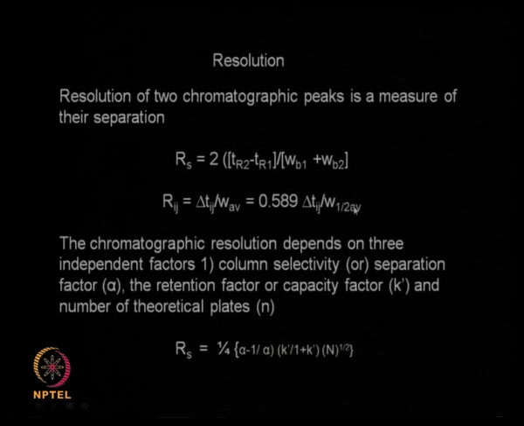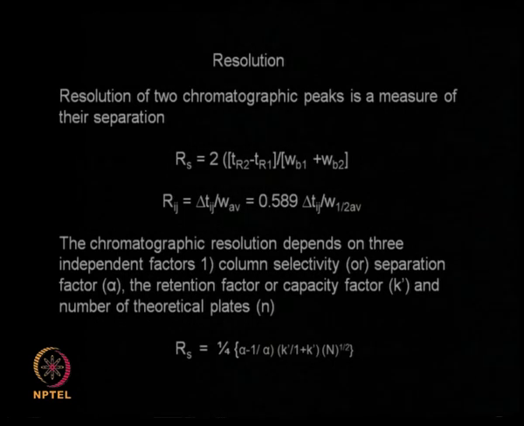So, if the width at half maximum for component A is something, and for component B is something else, you take an average between these two and substitute here, and that is what is resolution.